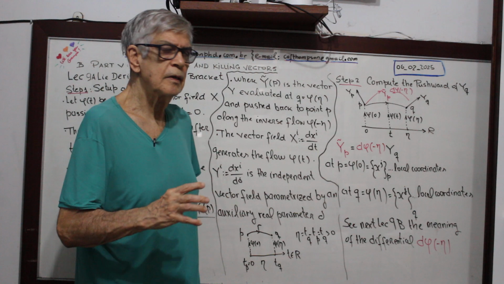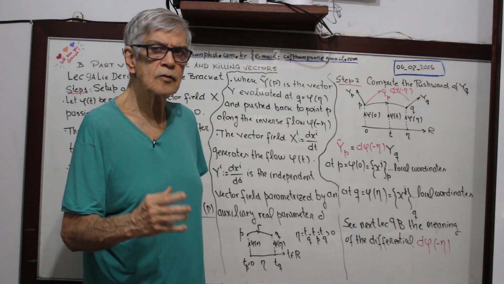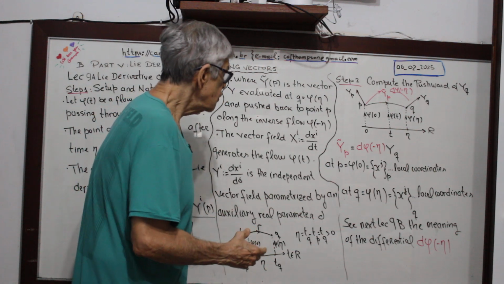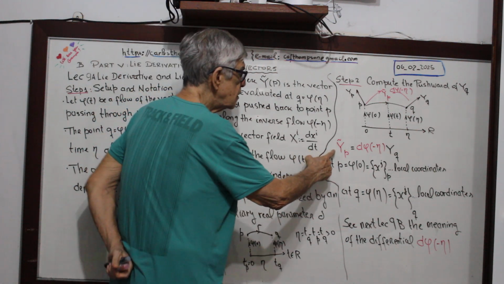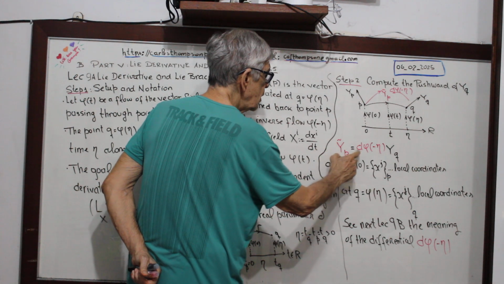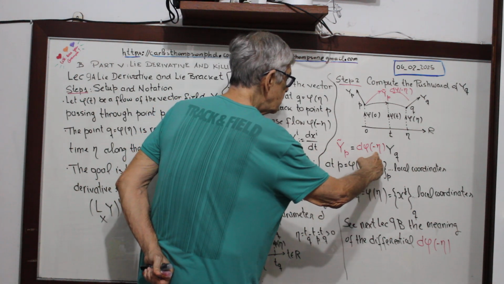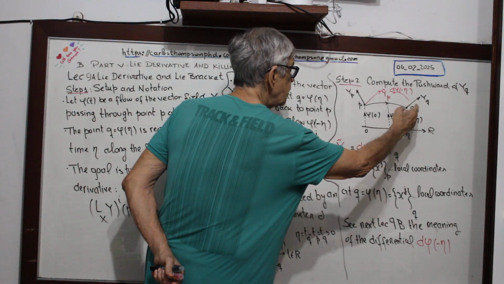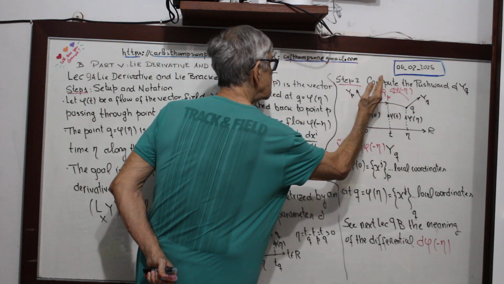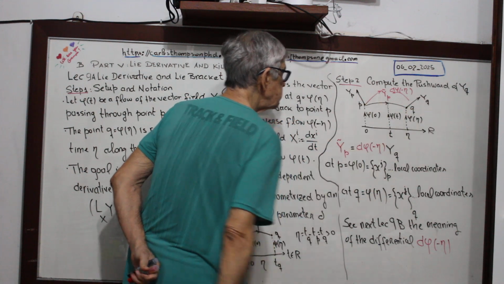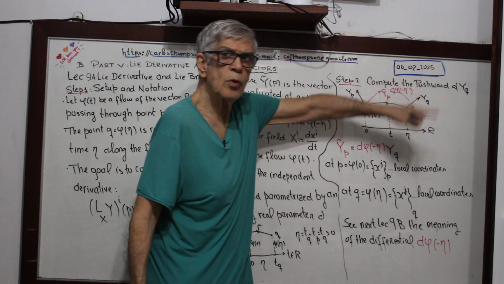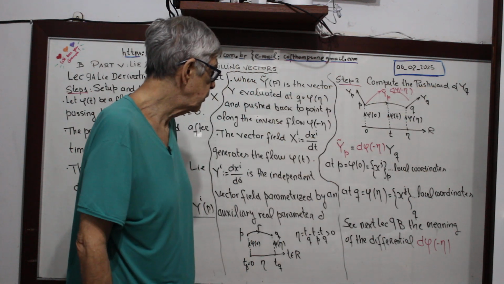That's why the derivation is quite simple, as I said before. This is the push forward, phi of minus eta, acting on Y_Q; it pushes Y_Q back to the point P. That's what you call the push forward of Y_Q.